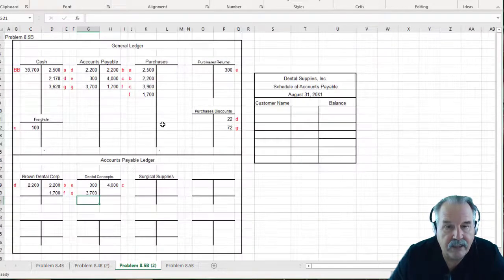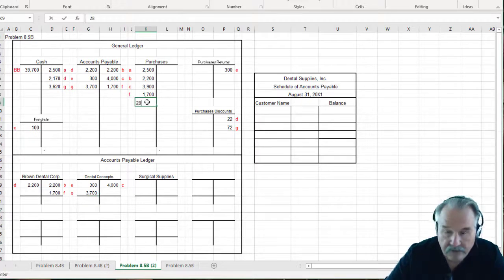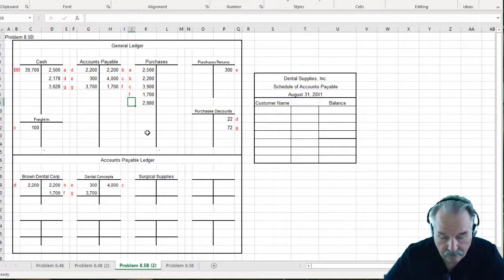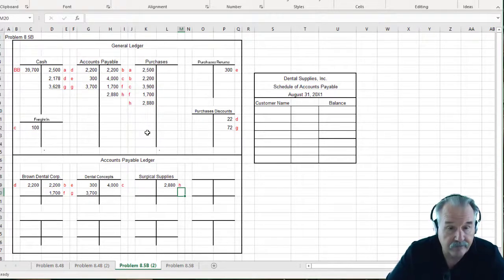So $28.80 debit purchases, and credit $28.80 to accounts payable. And then down below for surgical supplies, we have to post that $28.80 to their account. This is transaction H.